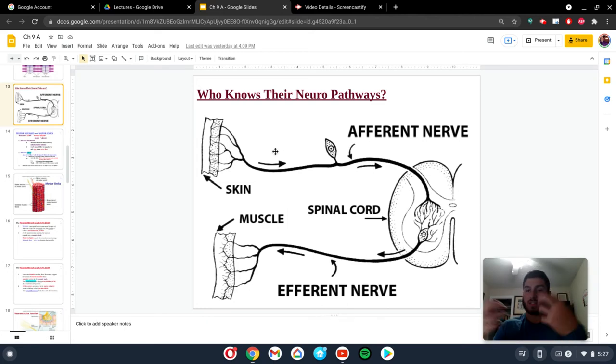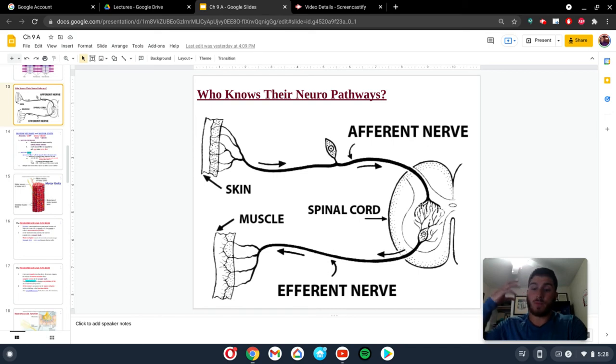If you are receiving a stimulus of any kind, it is going to go to the central nervous system so that it can interpret what's going on. Is this a bee flying into my face? Is this my dog about to lick my face? You have to be able to interpret that information. Is my hand on a hot stove? You can't answer any of those questions without a signal to the central nervous system.